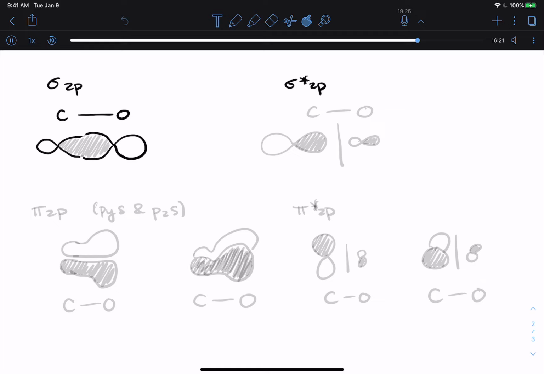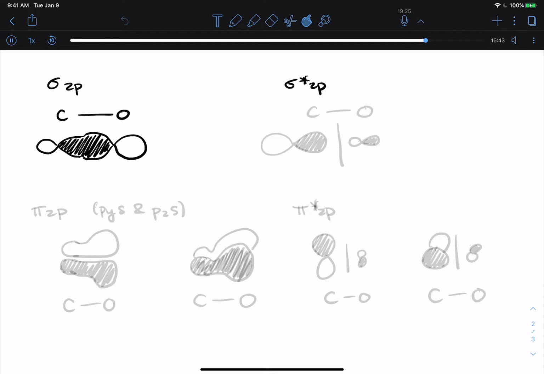Actually leaves us with this little weird jog in the middle. And then I'm going to shade this. Like always, how you shade it doesn't matter as long as you shade it in a bonding fashion. And so this is my sigma 2p bonding MO, bigger on the oxygen side because it's closer in energy.